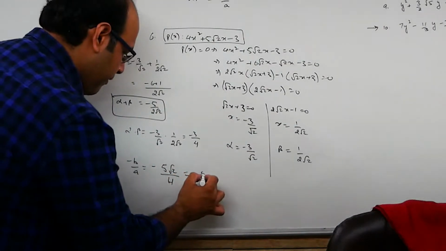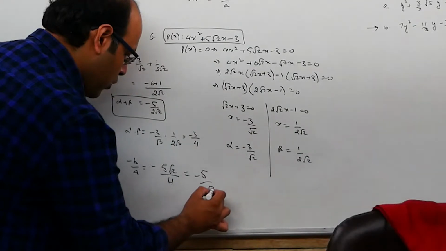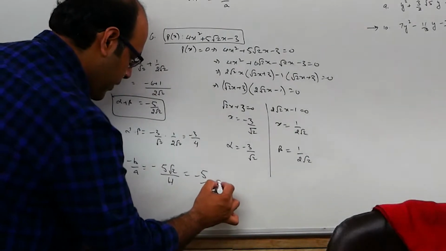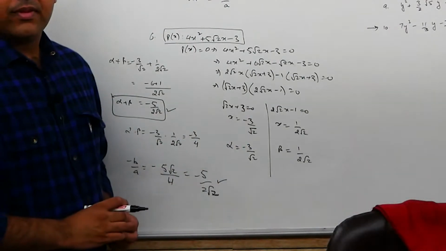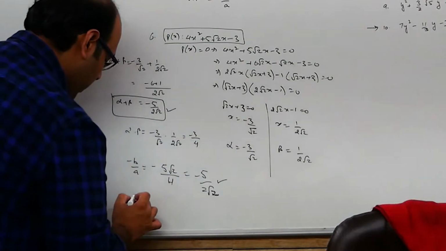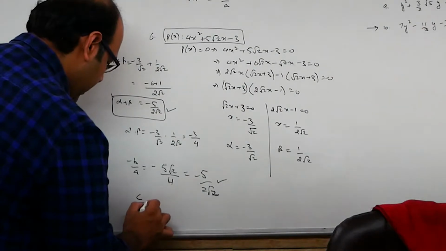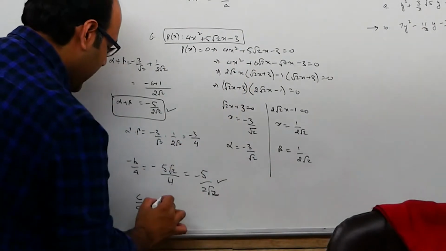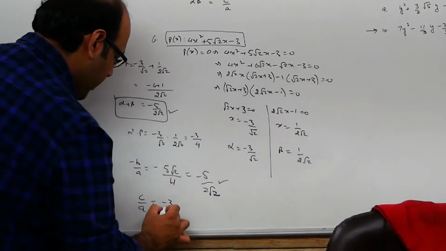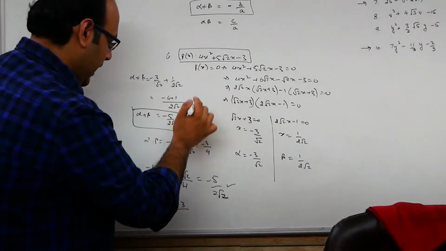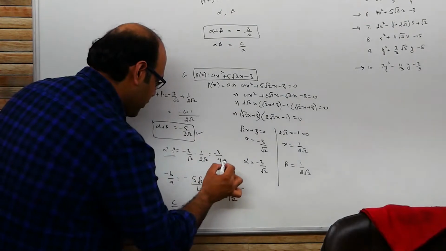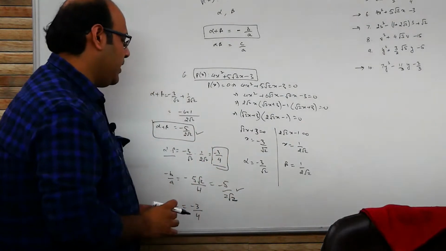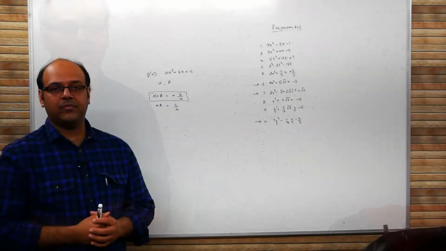I'll get negative 5 upon 2 root 2, which is what the answer for alpha plus beta was. And if I want to calculate c upon a, c is negative 3, and a is 4, so negative 3 upon 4, and this also verifies the relation. Alpha into beta is negative 3 upon 4.